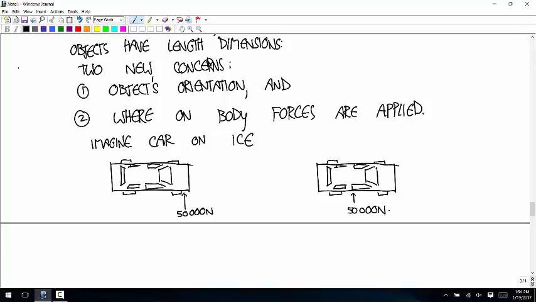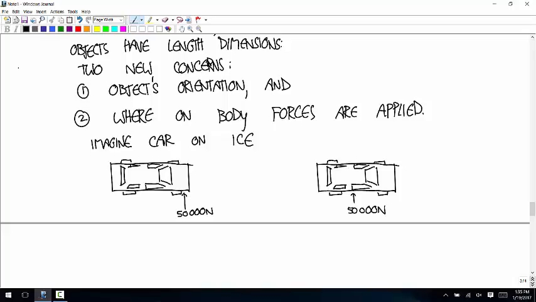If you were treating this car like a particle and you didn't care about its orientation, the only equation that matters for determining the motion is Newton's second law, and it says the acceleration of the center of mass of the car is going to be the same in both of these two cases. So these two are both identical because we don't care about orientation, and that means we don't care about where on the body forces are applied.